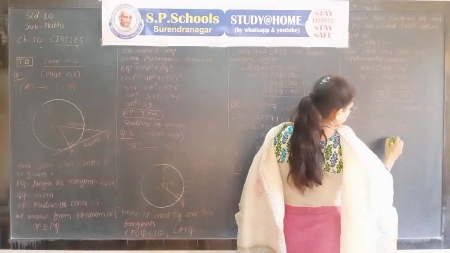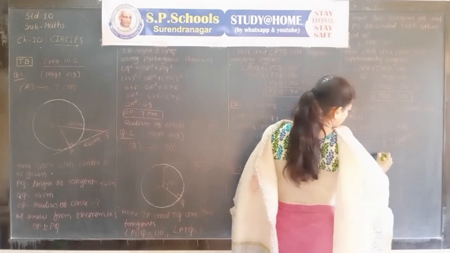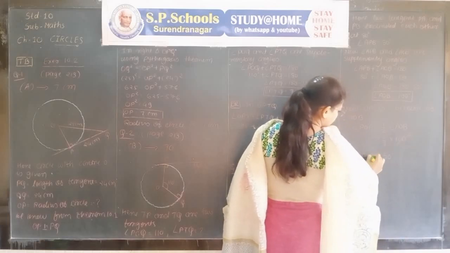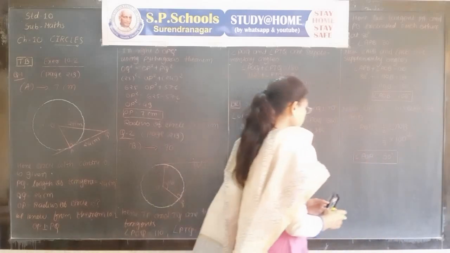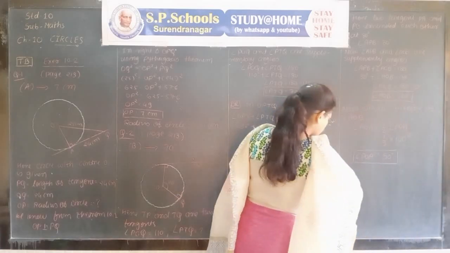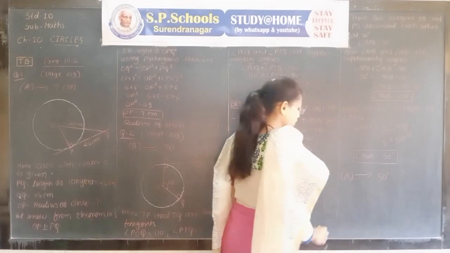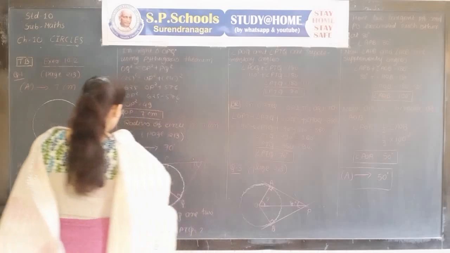Half of 100 is 50, so that angle POA is equal to 50 degrees. It is our option A. Option A is correct, 50 degrees. Hence here 3 objectives are completed.